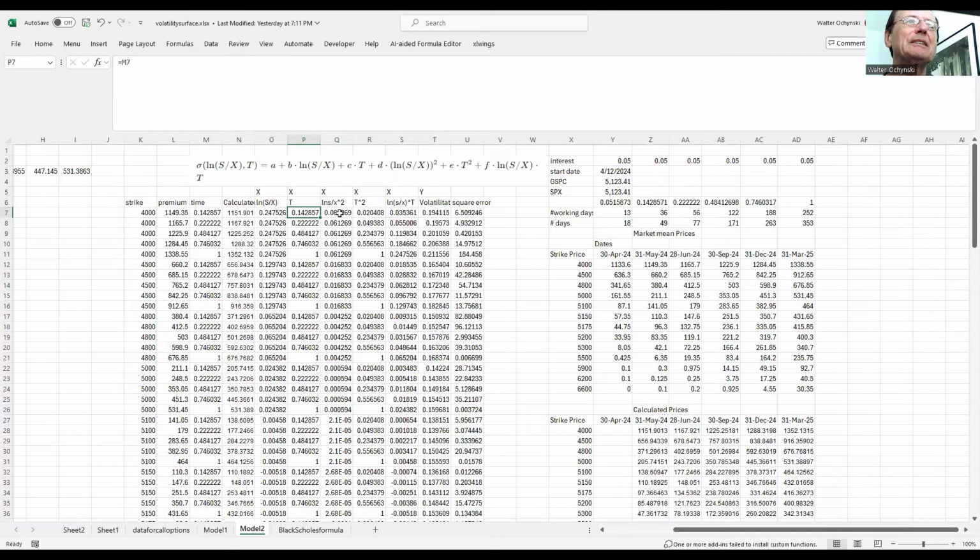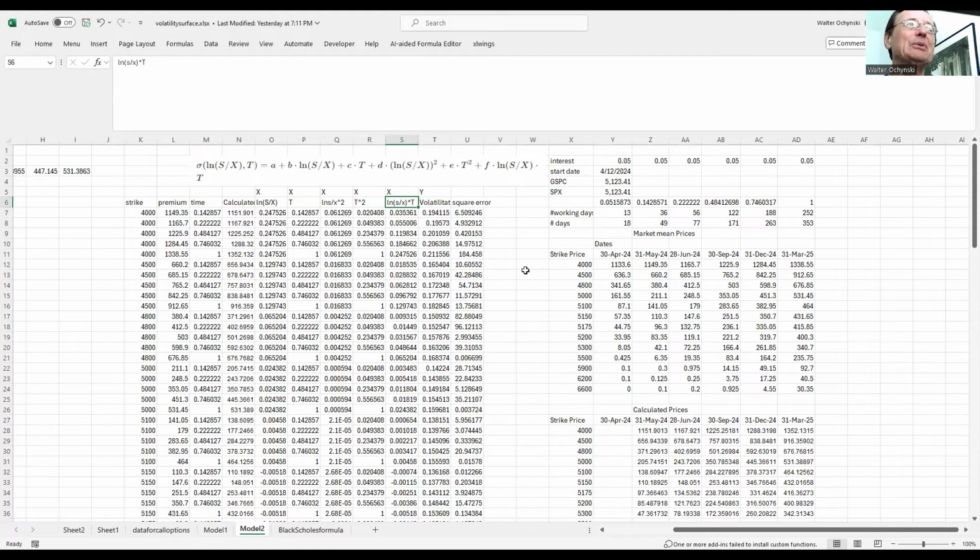The third is the logarithm of spot price divided by strike price times time squared, and then time squared. And again, the logarithm of spot price divided by strike price multiplied with time. It will help to calculate my F parameter. Okay, so I am done.